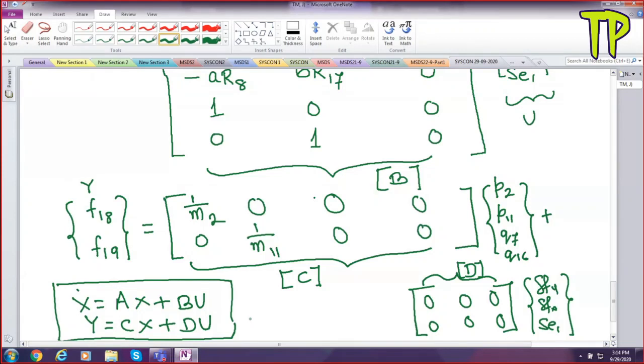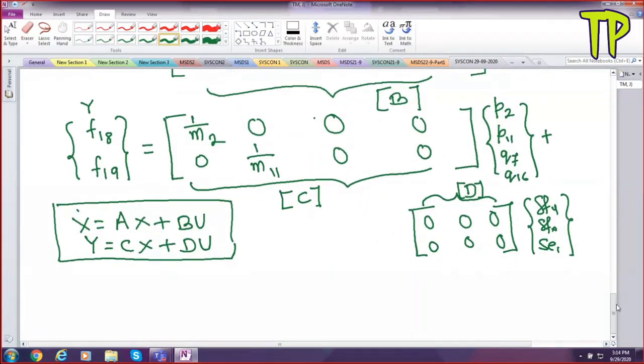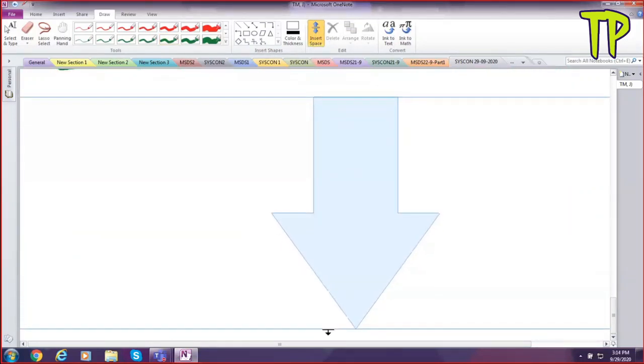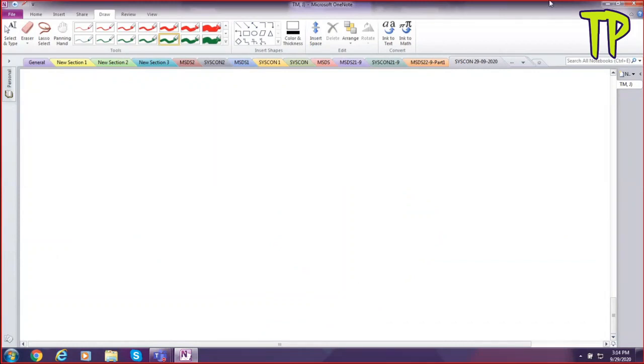So you just make a blank matrix and fill up those terms directly looking at the model. This is very easy for systems which got causal in step 3 without any problem. I will take some example with algebraic loops.